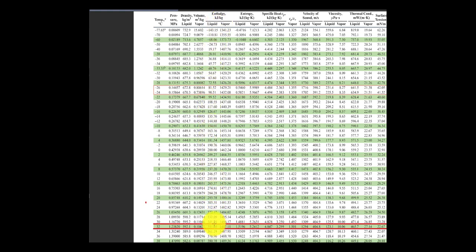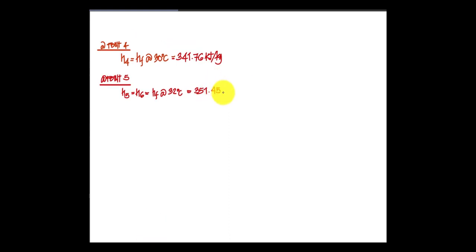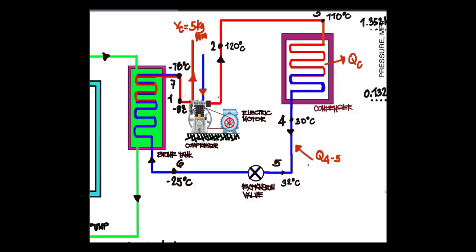So we have the corresponding enthalpy of 351.45. So let's write it here for our data. That will be 351.45, in the unit of kilojoule per kilogram.